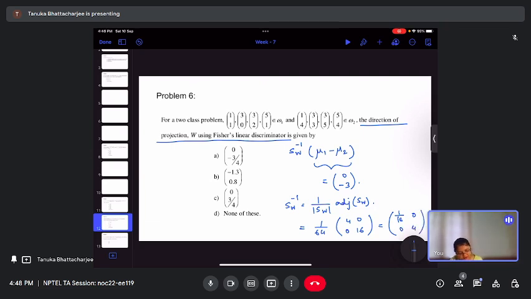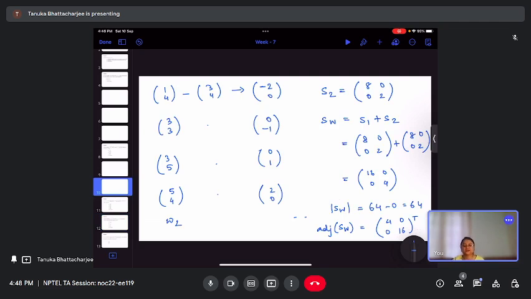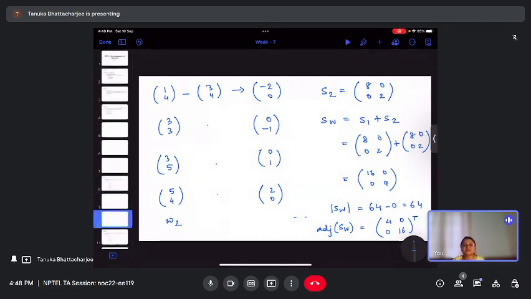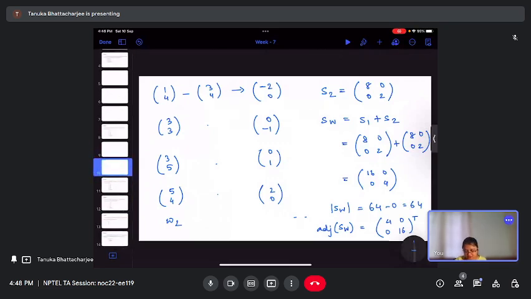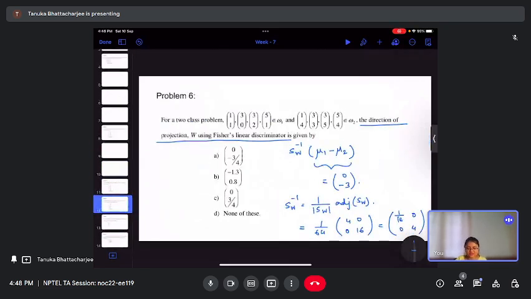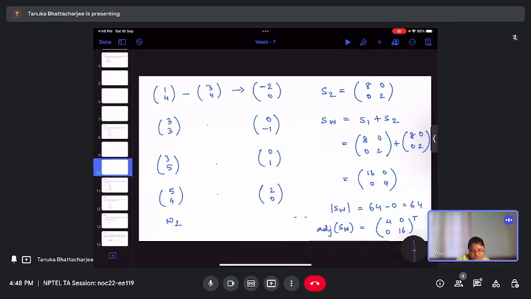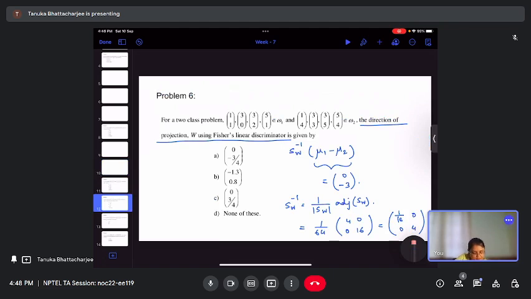Basically it is a diagonal matrix, so you can simply take the inverse of the diagonal elements, and that will give you the inverse of the matrix. The diagonal matrix was this, 16, 0, 0, 4, and the inverse that we got here is 1 by 16, and 1 by 4.